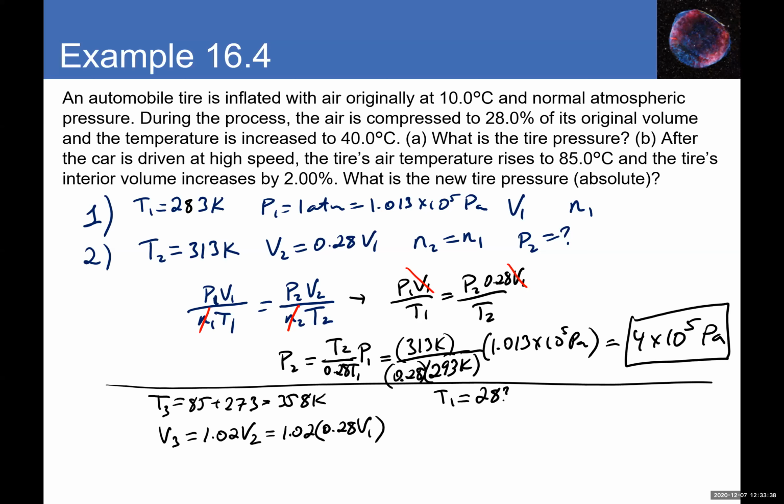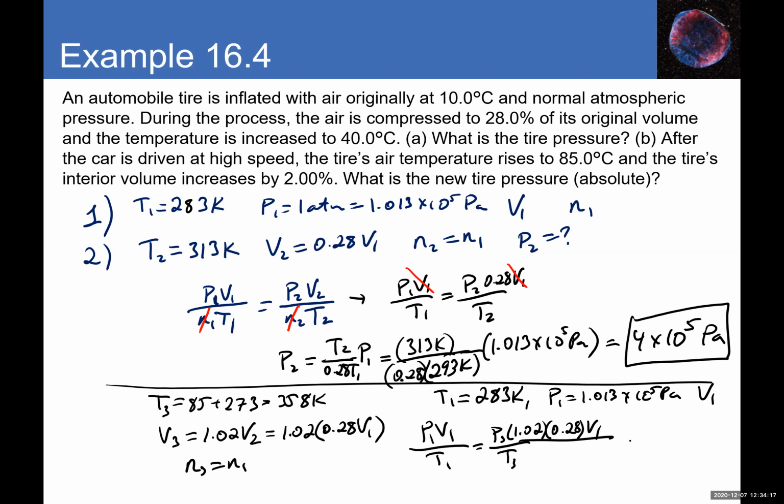So pressure 1 was basically 1.013 times 10 to the 5 Pascal. And let's say V1 is the volume 1. I can again use the same thing, assuming that N3 is still equal to N1. So I can say P1 V1 over T1 is equal to P3 V3 over T3. And then I can replace V3 with 1.02 times 0.28 V1.